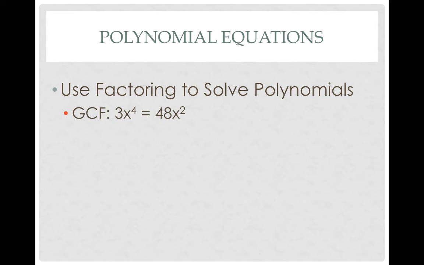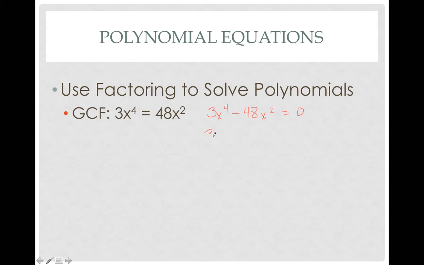So for this example here, we would write this in a little bit different form. We need to set things equal to 0. And when we set things equal to 0, we would say, okay, 3x to the fourth minus 48x squared equals 0. And when we solve this one, we would have to factor out the common factor.